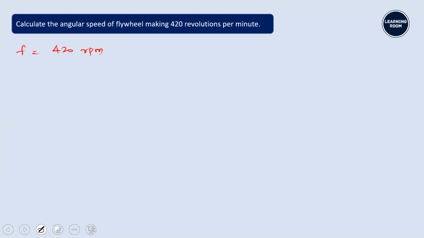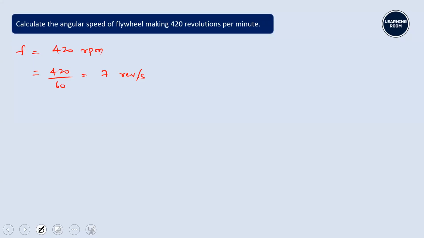When you need to convert revolutions per minute to per second, you need to divide this value by 60 because 1 minute is equal to 60 seconds. It means it is able to do 7 revolutions per second. So it is 420 revolutions per minute; in a second, it is making 7 revolutions. It means it is completing 7 full rotations in 1 second.